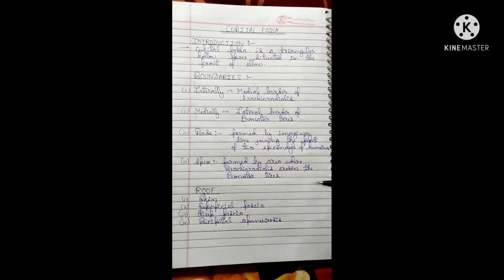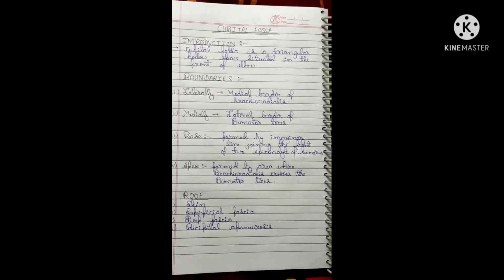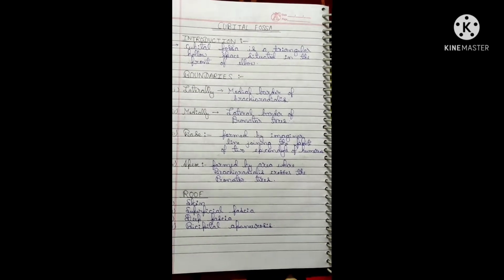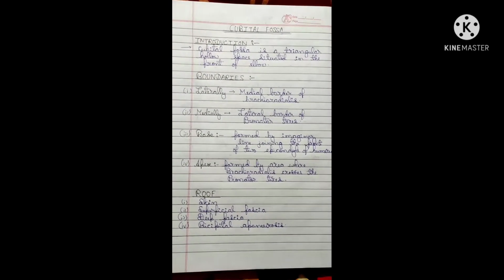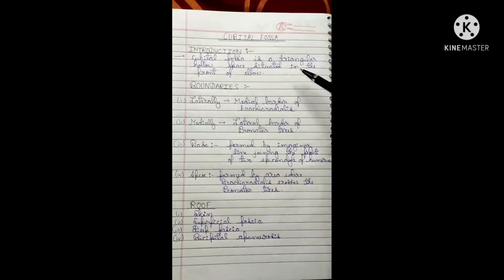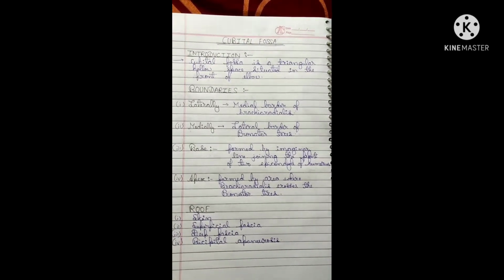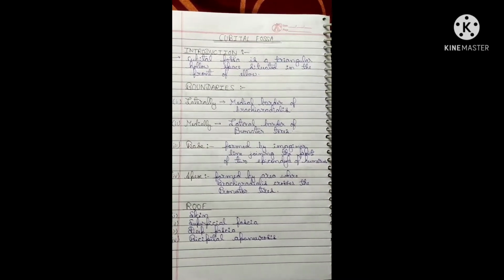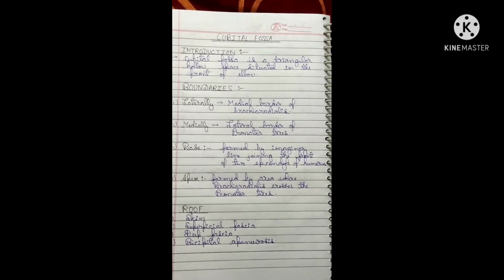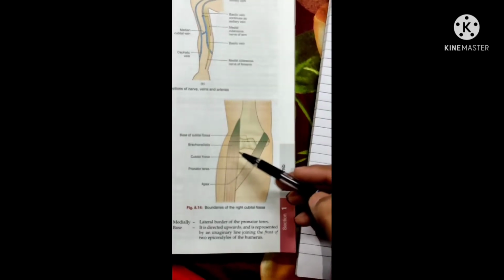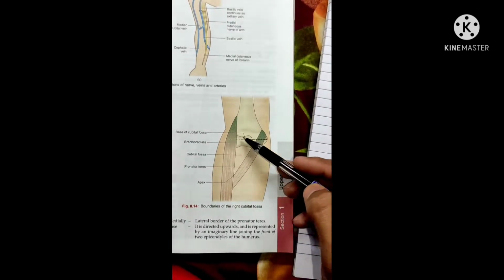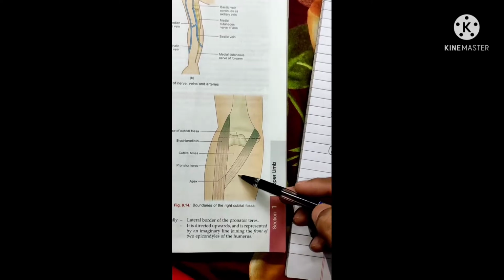So on the cubital fossa, first of all, what is the introduction part? Cubital fossa is a triangular hollow space situated in the front of the elbow. This is the humerus bone.